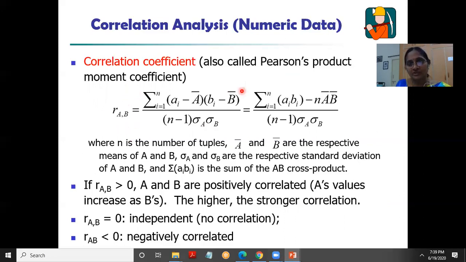Let us see this formula, where r_A,B is the correlation coefficient.